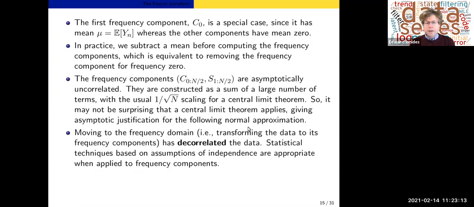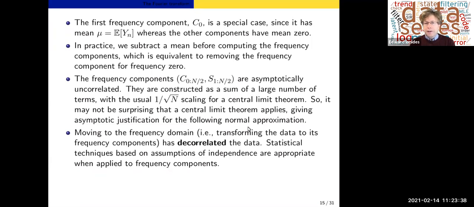Now, we've seen that the frequency components are asymptotically uncorrelated, and we've already argued that maybe this 1 over root n scaling might give a central limit theorem, and it does. And so we've really got two things by moving to the frequency domain.